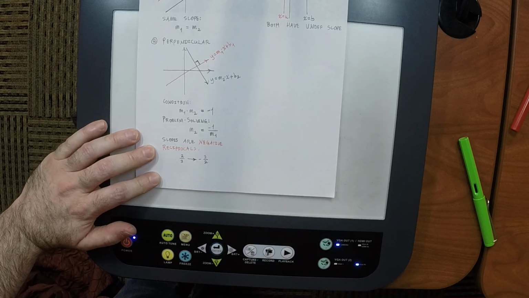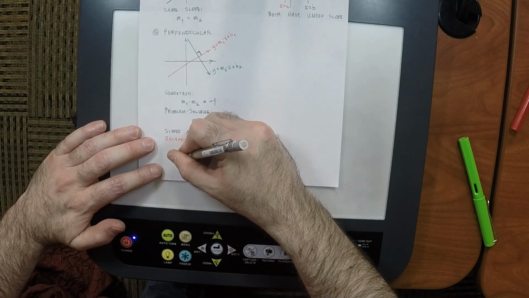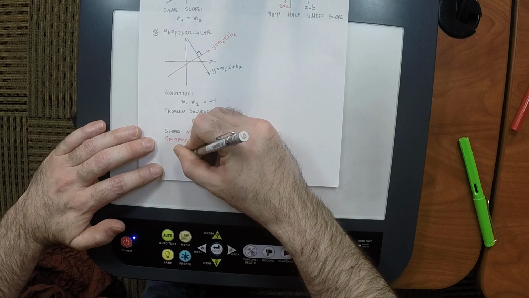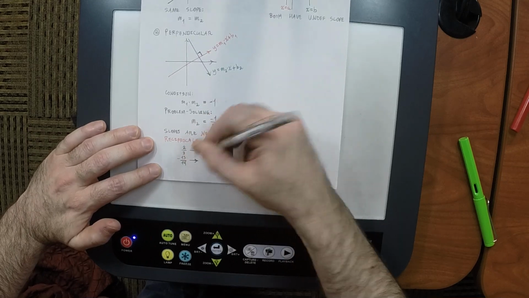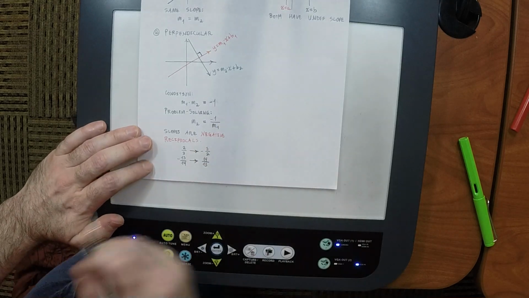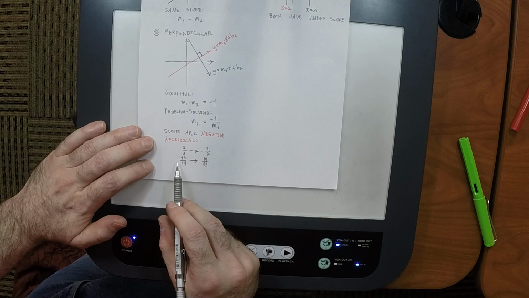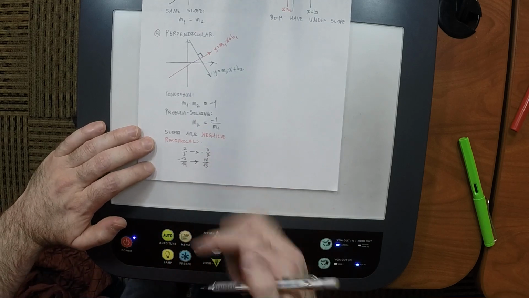Negative reciprocal. All right. What is the perpendicular slope to negative 13 over 14? 14 over 13. Because you've got a negate, so that squashes that negative, and then reciprocal. So flip it like that.